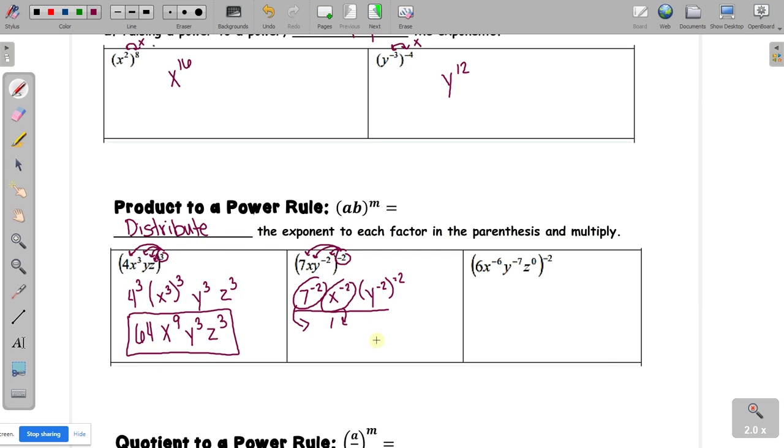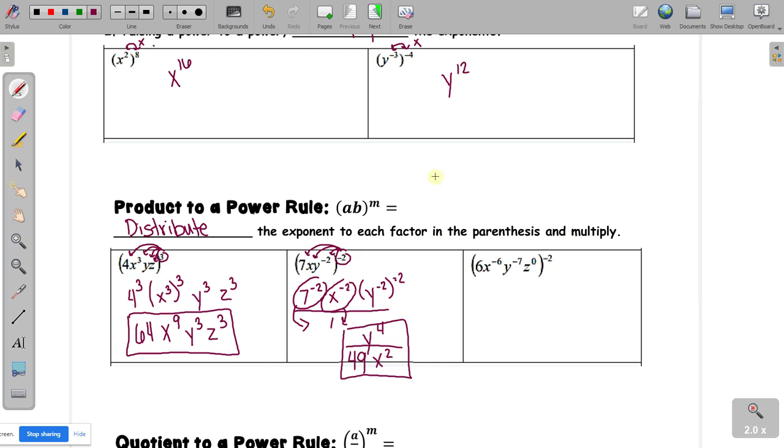So y to the positive 4, that's going to stay put on top. 7 to the negative second goes to the bottom and becomes positive. So 7 squared gives us 49. And then x to the negative second comes down and becomes positive. So we get y to the 4th over 49x squared.